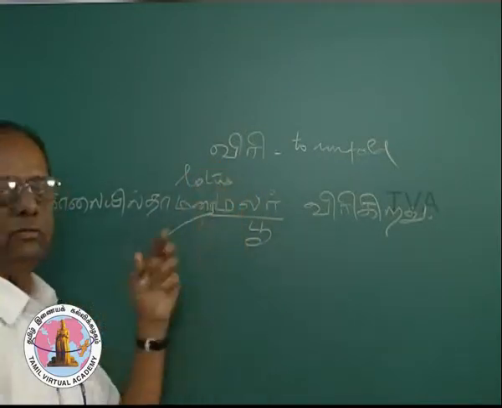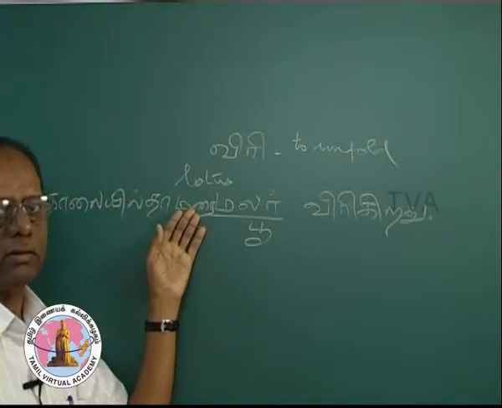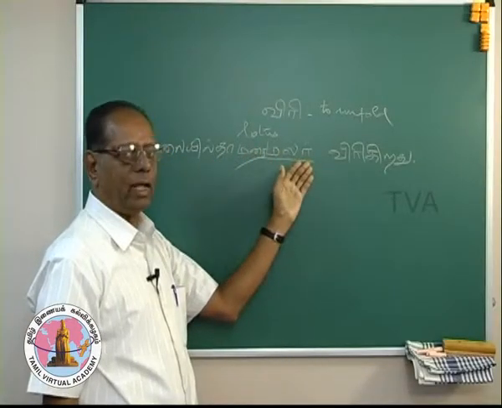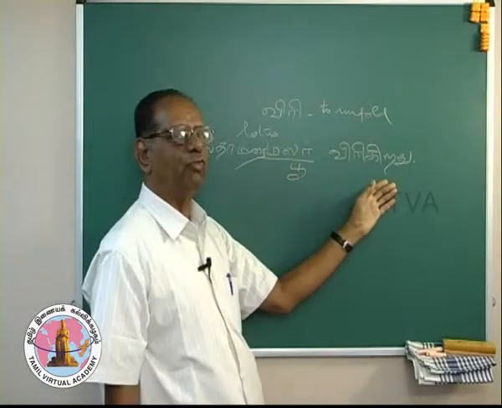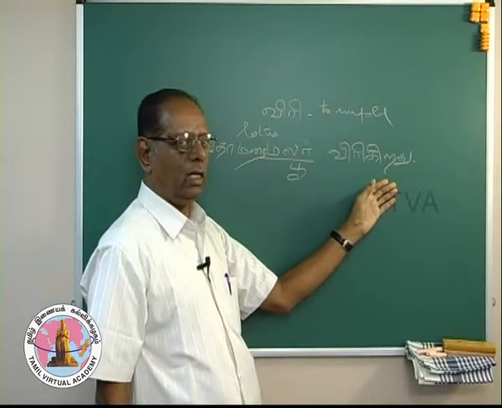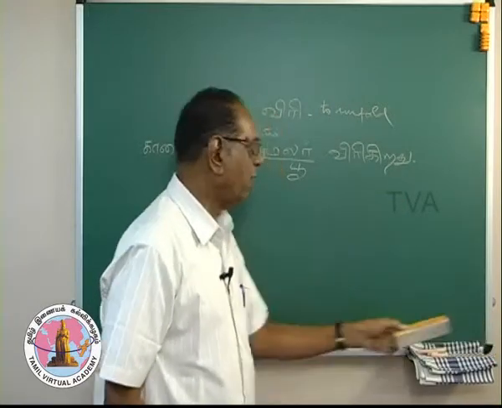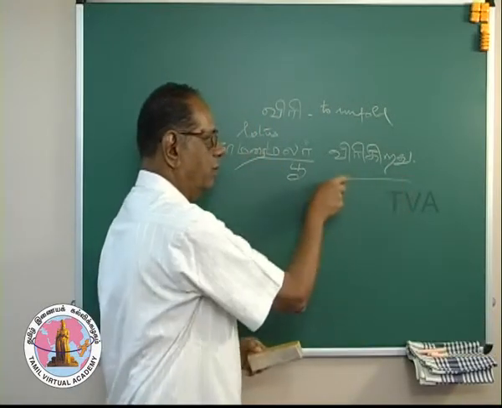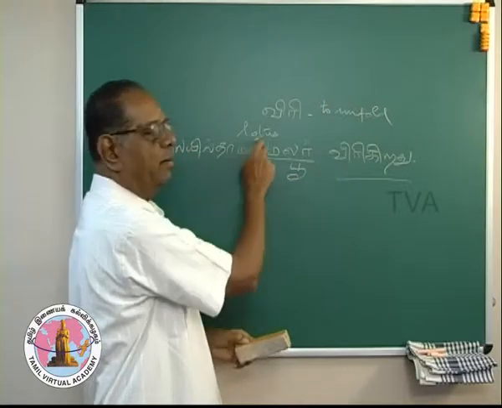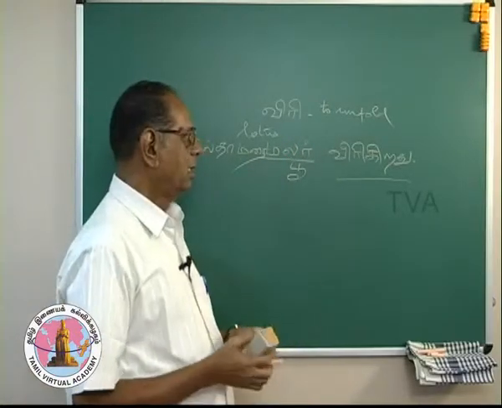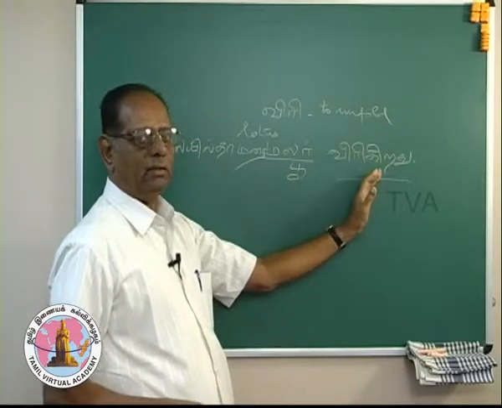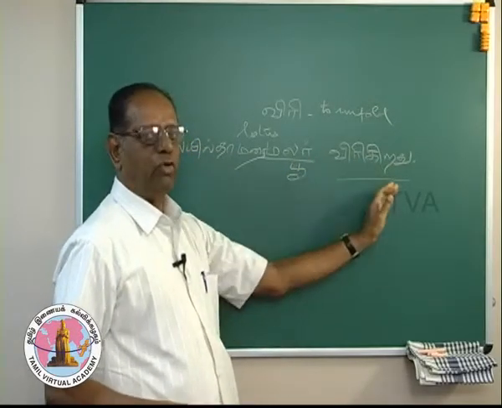You have come across this word. தாமரை, lotus. தாமரை மலர், the lotus flower, விரிகிறது, unfolds. Here you find the subject is தாமரை மலர் or malar. மலர் விரிகிறது, the flower unfolds.